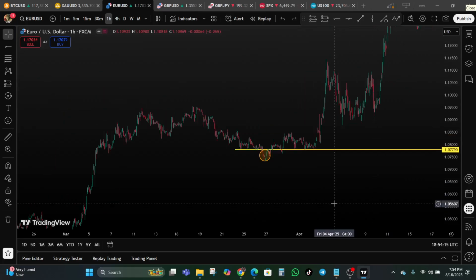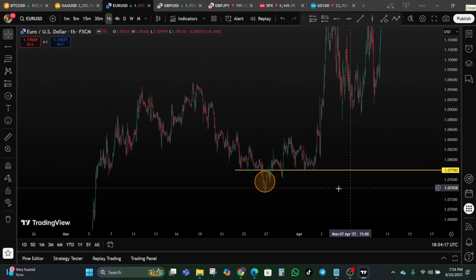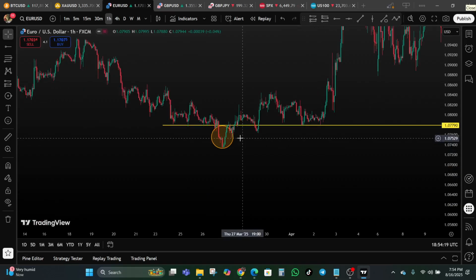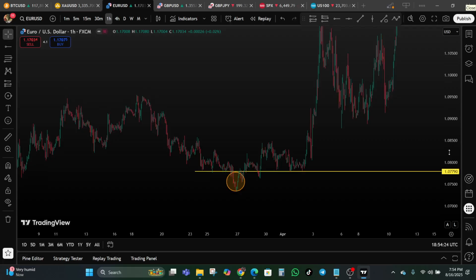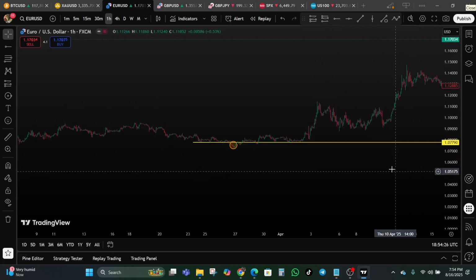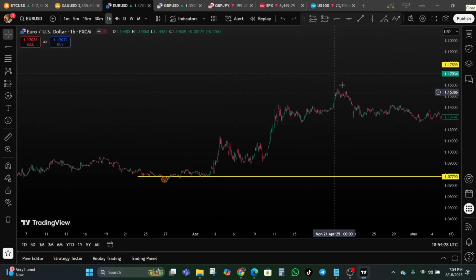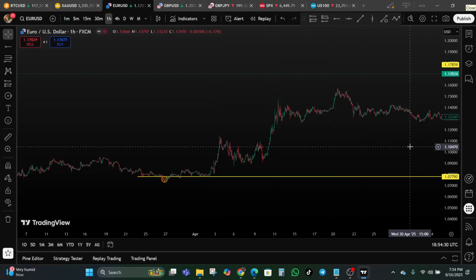So it happens sometimes, right? Some persons might have entered a buy trade and set their stop loss around here, and look at what happened. Hit their stop loss, and then price went back up, and look at the massive upward move. Can you see the massive upward move? Okay, so that's the reason why you have to be careful if you're a breakout trader, so that you do not fall victim of a liquidity grab.